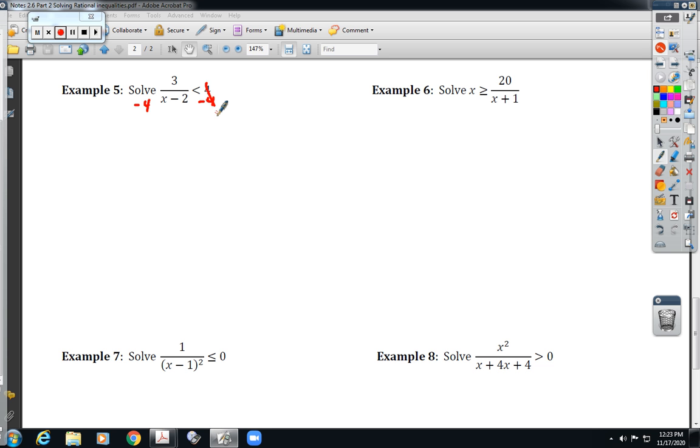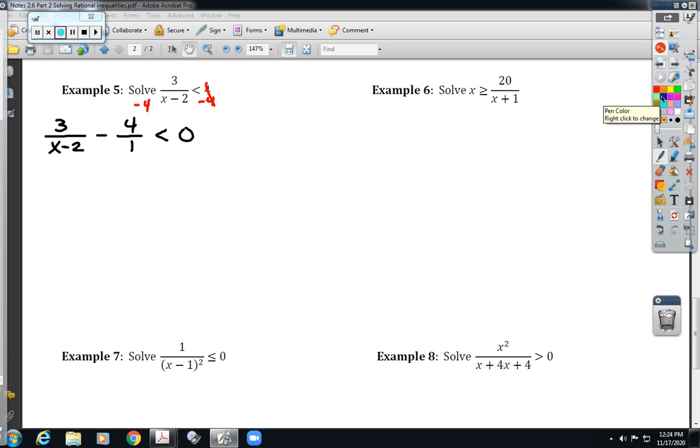Now, unfortunately for us, that 4 is not part of the fraction that is already there. That gives us 3 over x minus 2 minus 4, which I'm going to write as 4 over 1. Then we need a common denominator so that we can add those together.